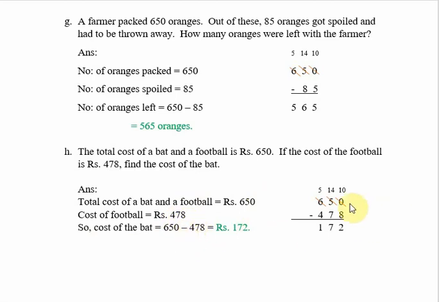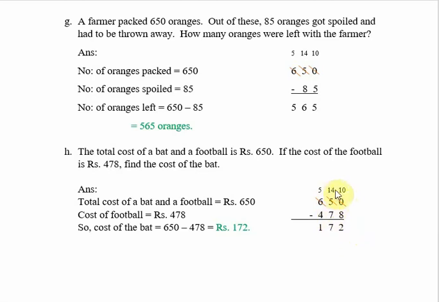So, let us do the subtraction here. 650 minus 478. Okay. So, 0 minus 8 is not possible. So, borrow 1 from the tens place to make it 10, and this tens place 5 will become 4. So, 10 minus 8 you will get 2. Moving on to the tens place, 4 minus 7 is not possible.